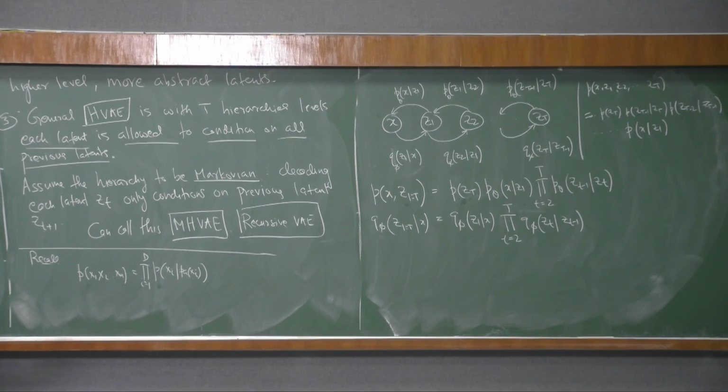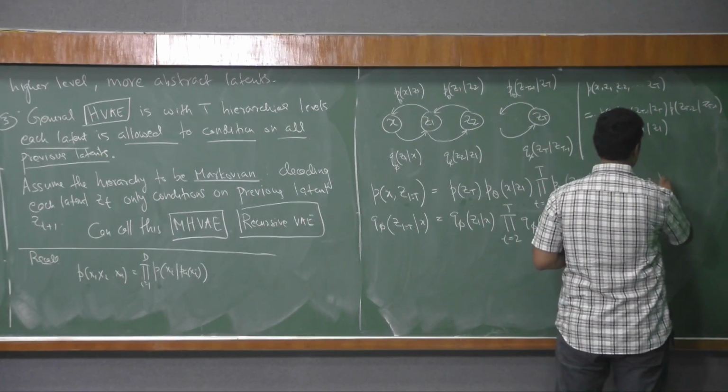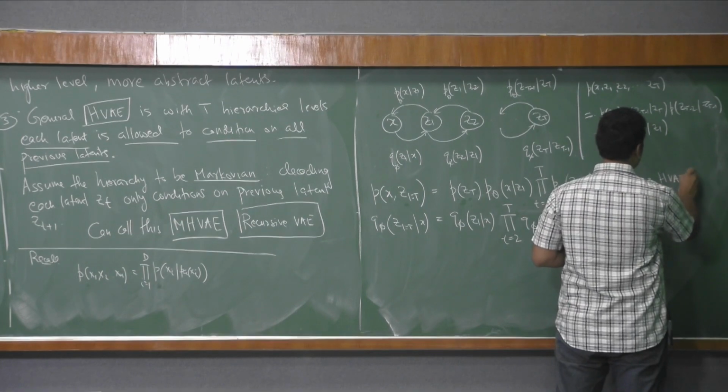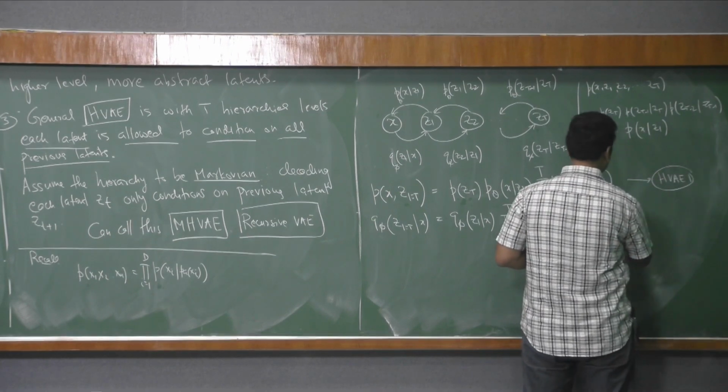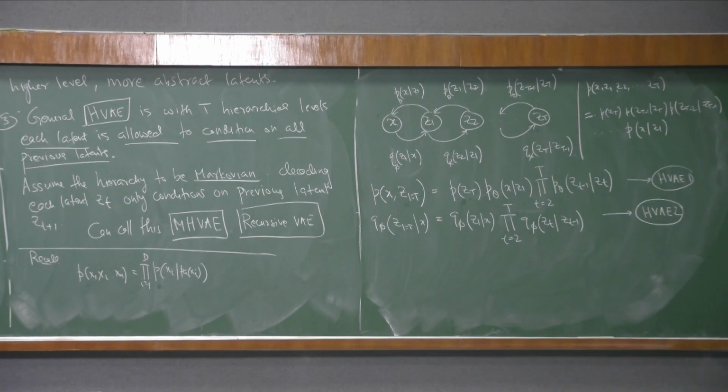Okay. So we can now call these equations some name, HVAE1 and HVAE2. So we have a framework now of having this extension of the variational autoencoder to the hierarchical form, and in the hierarchical form we have relaxed the condition that it depends on all the previous latents.